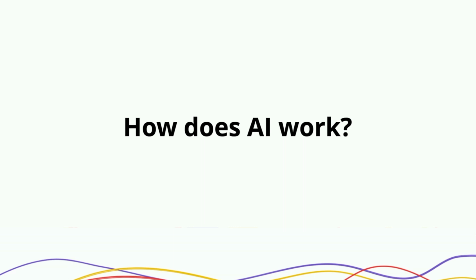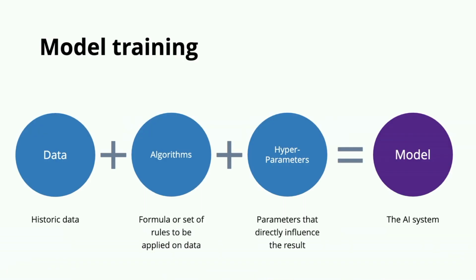How does AI work? Most of the AI features that we're talking about in Zoho Creator work on this pretty simple idea of model training. The way it's set up is you can feed a bunch of data into the machine.